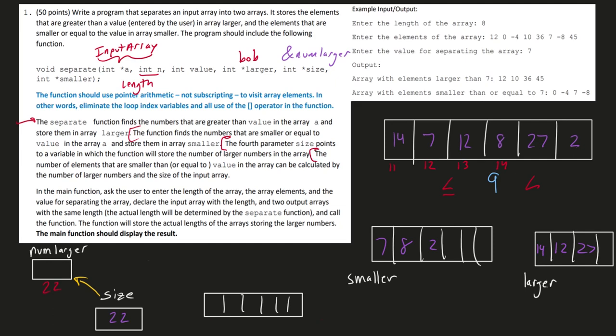Alright, the number of elements that are smaller than or equal to value in the array can be calculated by the number of larger numbers and the size of the input array. So what they seem to be telling me there is that the number of elements that are smaller than or equal to the splitter can be calculated by the number of larger ones and the size.